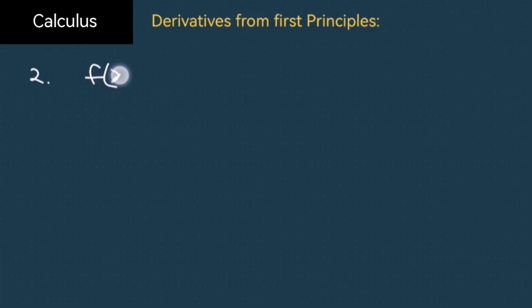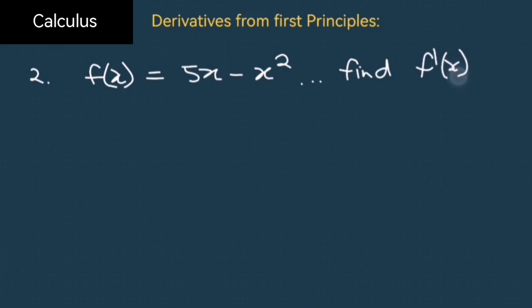If you have f of x equal to 5x minus x squared, and your goal is to find the derivative of f of x, again we'll start at the same spot where we first define the function of f of x plus h. And we do this by simply substituting x with an x plus h.